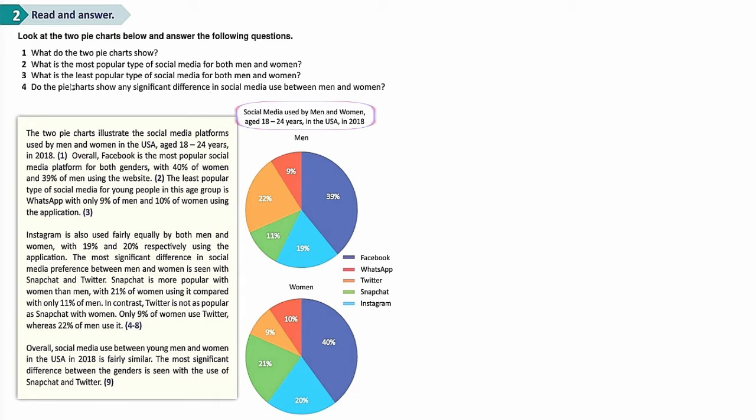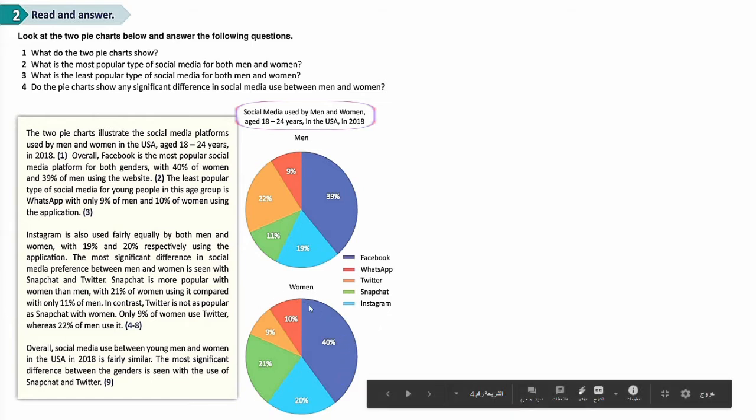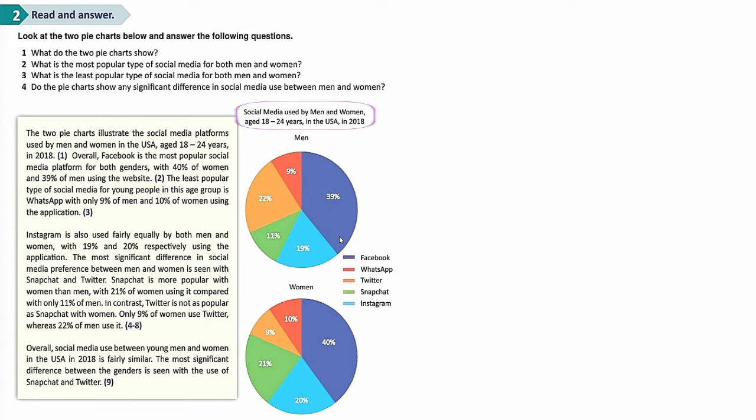Question number 2. What is the most popular type of social media for both men and women? Here we have the pie chart for men, and here we have the pie chart for women. As you can see, the most popular for men is the blue color.